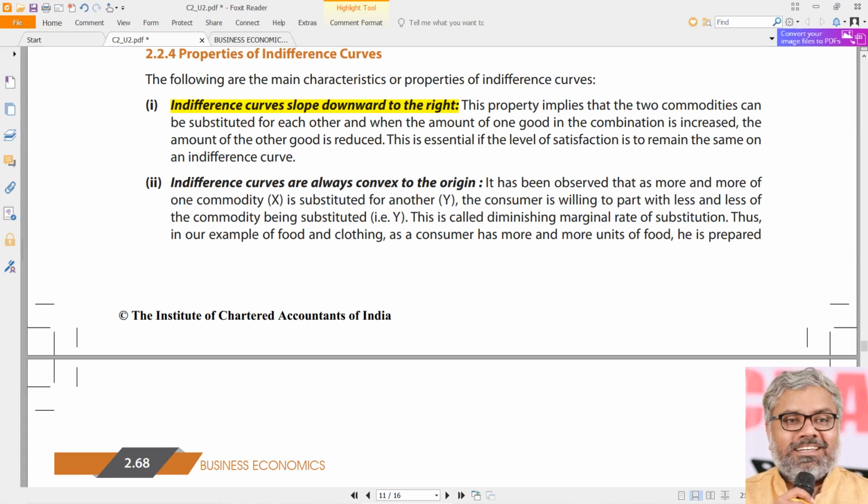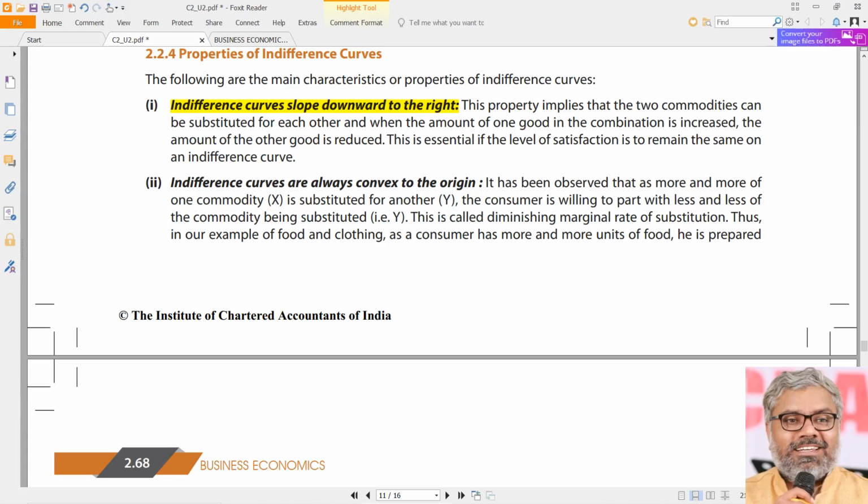That is why, as we increase the consumption of one commodity, the consumption of the other commodity is bound to be reduced. In other words, if one is increasing, the other is bound to reduce. Then naturally, their relationship is inverse. And that is why indifference curves slope downward to the right.